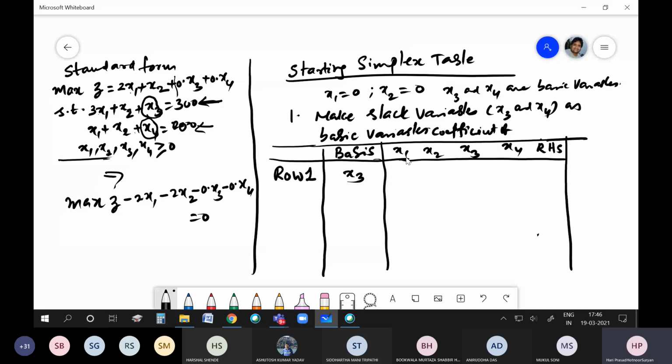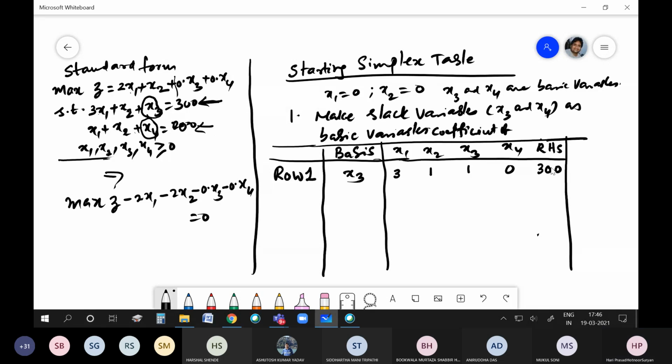What is the coefficient of x1 in the first constraint? 3. The coefficient of x2 is 1, the coefficient of x3 is 1, the coefficient of x4 is 0, and the right hand side is 300.